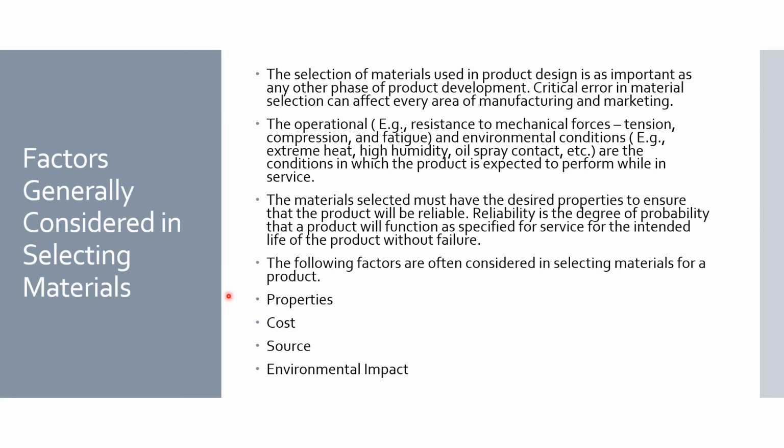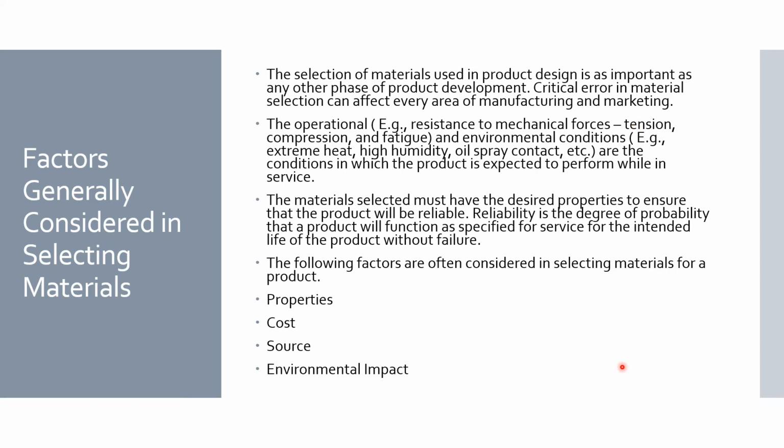And so in product design, the selection of material is really important, because if you choose the wrong raw material for your product, then you're going to have issues in manufacturing of that product and also marketing of that product.